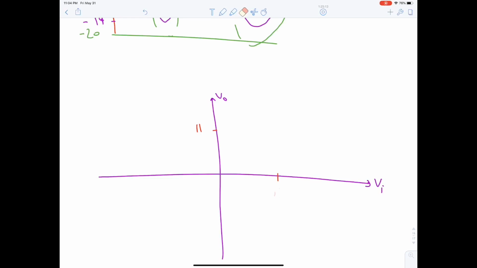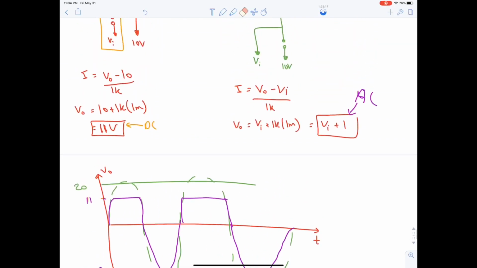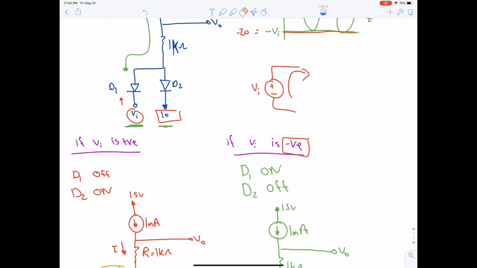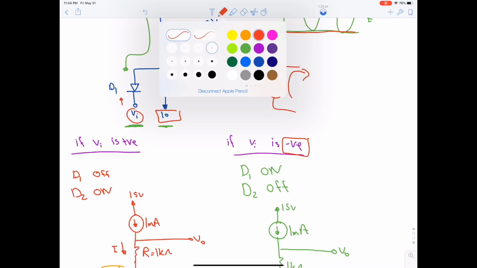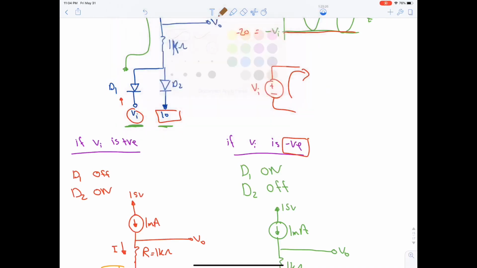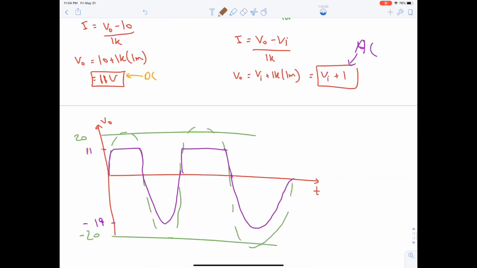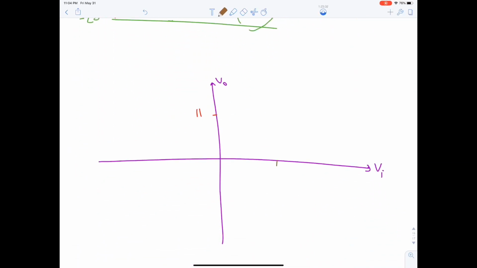The X axis is no longer 11. The X axis depends on the value facing VI. Depends on this value. What is this value? It's 10. So what you have to do is you have to put 10 and then a straight line.